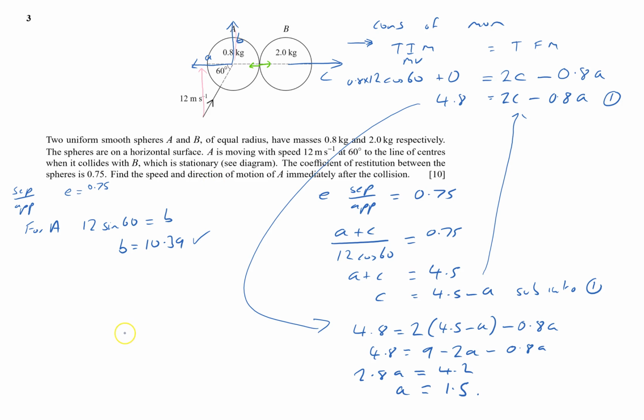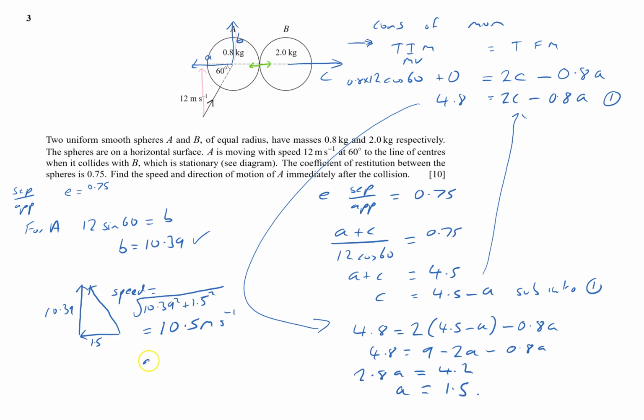So it's going to go backwards that way 1.5, and it's going to go up in that direction 10.39. So the speed equals the square root of 10.39 squared plus 1.5 squared, and that equals 10.5 meters per second.